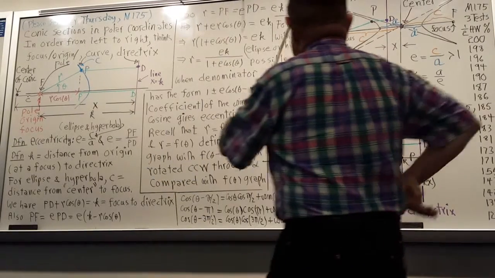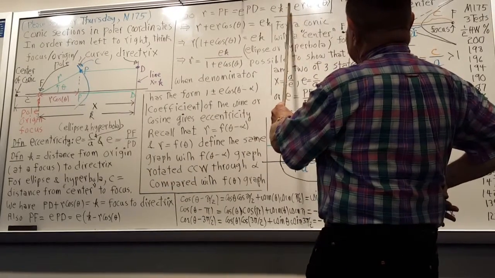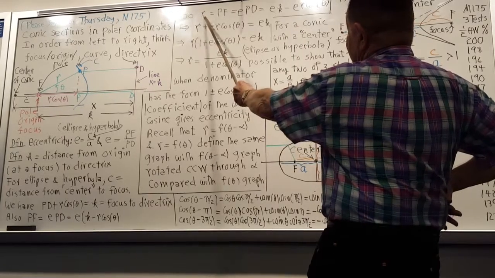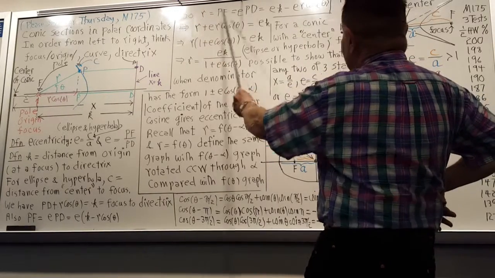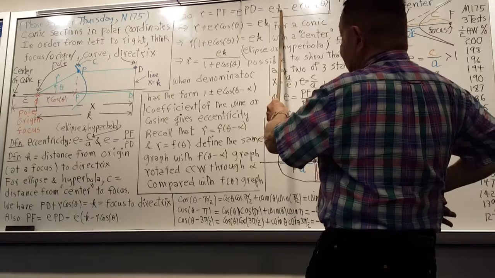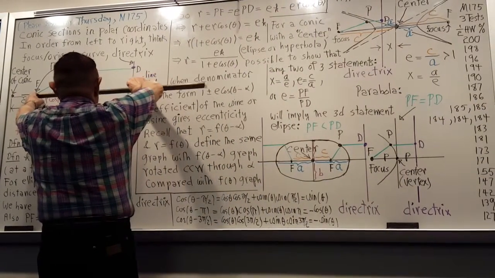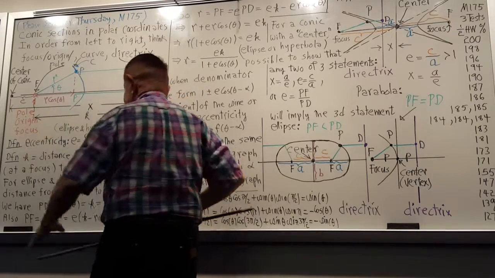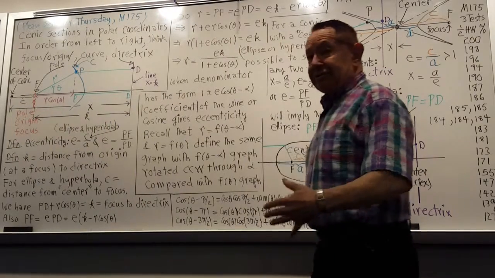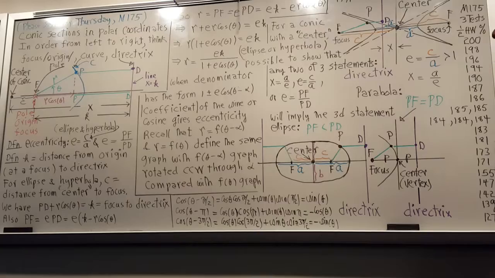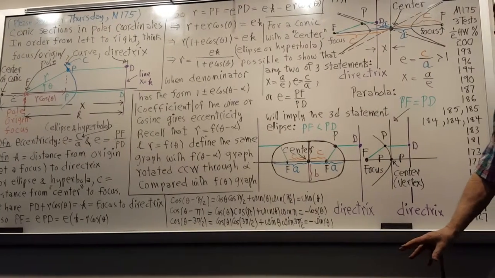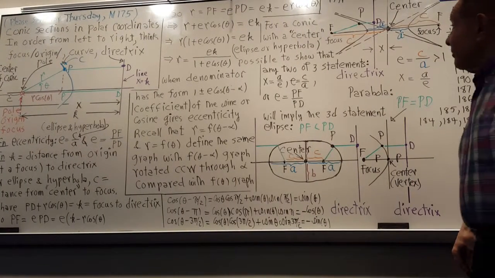Finally, if you solve for r in this equation, you have r equals EK, where K is this far, and E is this eccentricity, a number you'd have for any particular curve.